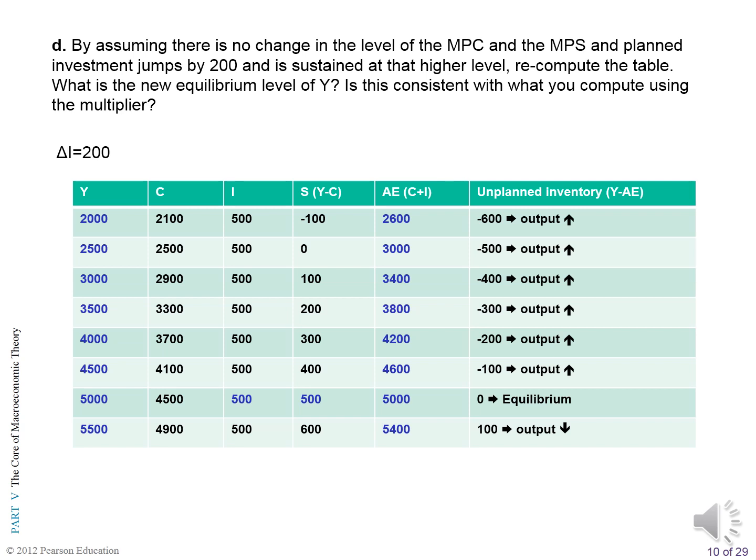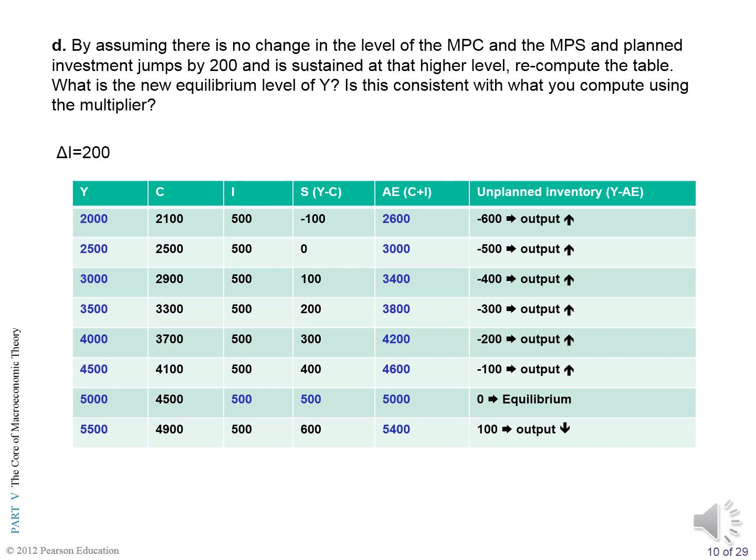If you remember investment كان كام؟ كان 300. Now it's 500. It increases by 200. يبقى هنغير التيبل، نغير ال aggregate expenditure C plus I. Now I become 500. يبقى دلوقتي ال aggregate expenditure change.